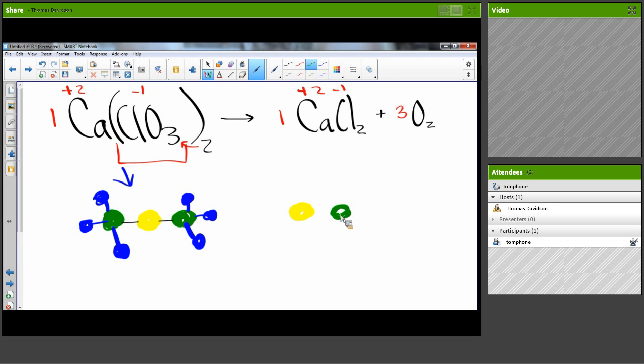Okay, it's not beautiful, but can you see the balance? 2 greens on the left, 2 greens on the right. 1 yellow left, 1 yellow right, 6 blues, 6 blues.